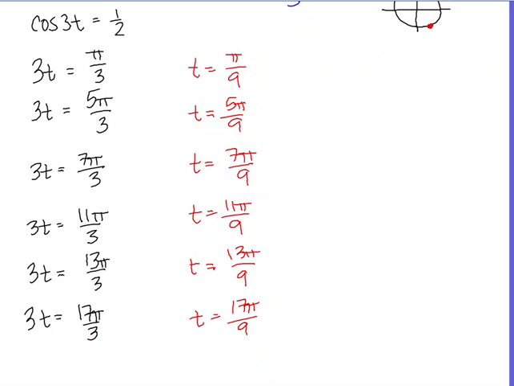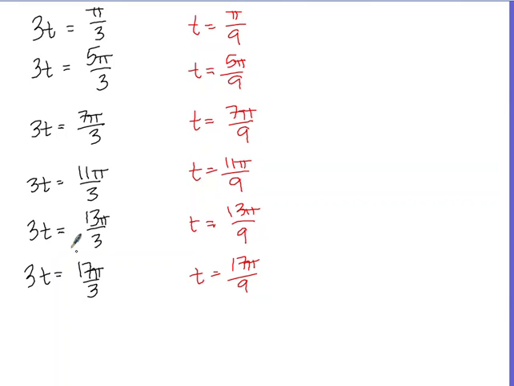But if we look at the next angle, so if I add 6 pi over 3 again, that would give me 19 pi over 3, which would give me 19 pi over 9, which is more than 2 pi. So that will not be one of our solutions.